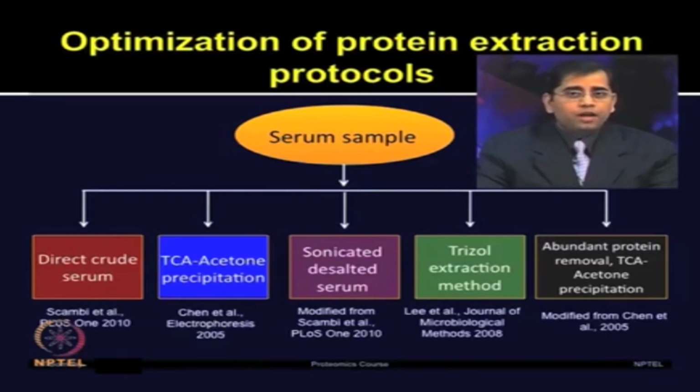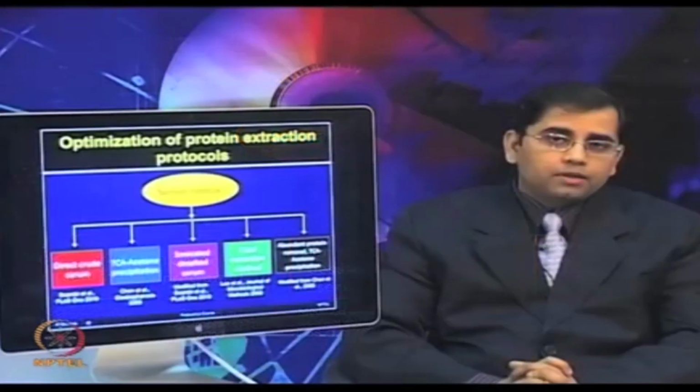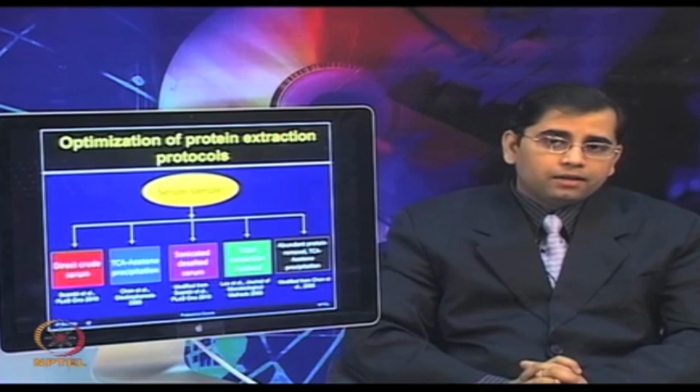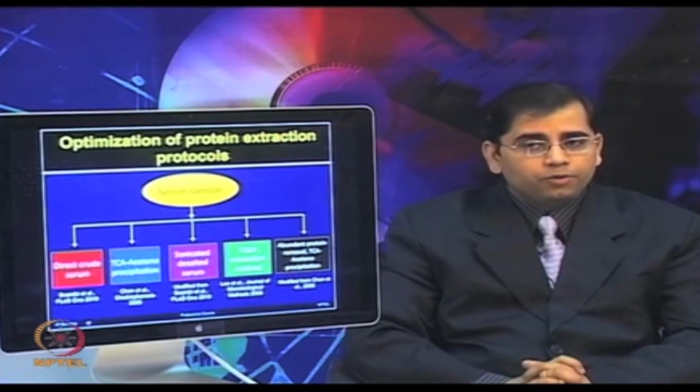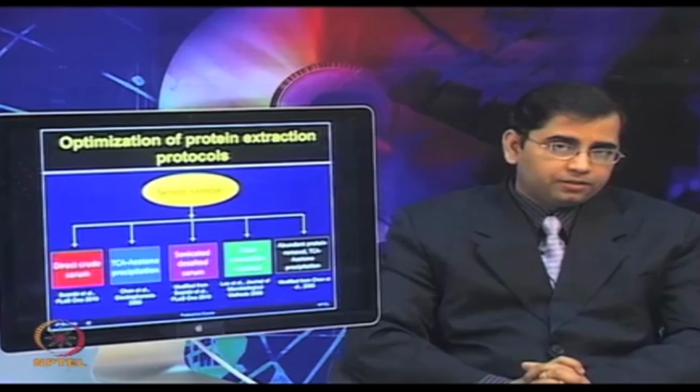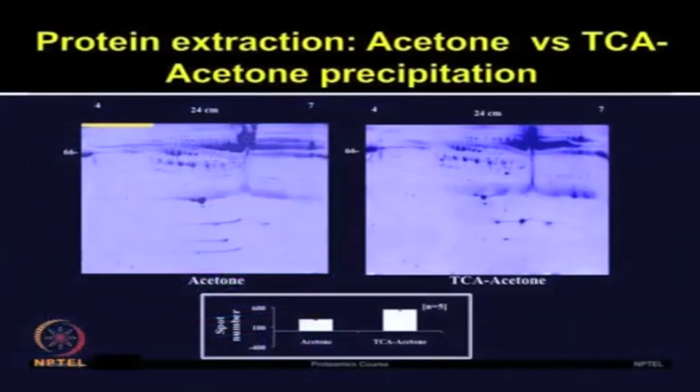People have applied direct crude serum, TCA acetone precipitation, sonicated and desalted serum, Trizol extraction method, as well as abundant protein removal and TCA acetone precipitation. So, we used this modified procedure of TCA acetone precipitation, where we used depleted, desalted and sonicated serum.